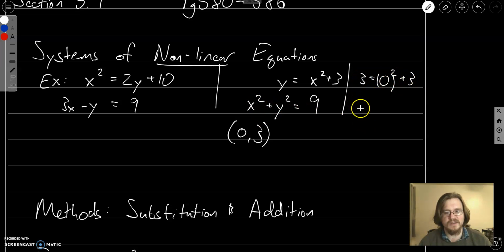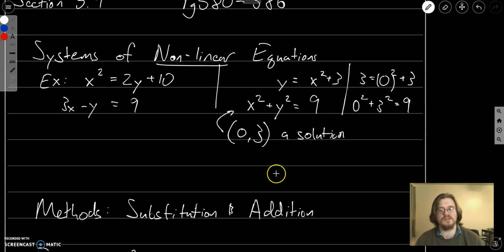And the bottom equation, I would have 0 squared plus 3 squared is equal to 9. And that is also true, since 0 squared is 0 and 3 squared is 9. So this is a solution to this system of equations.